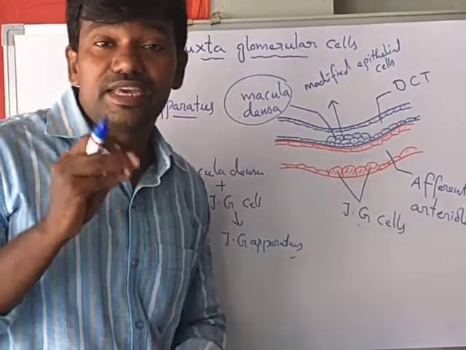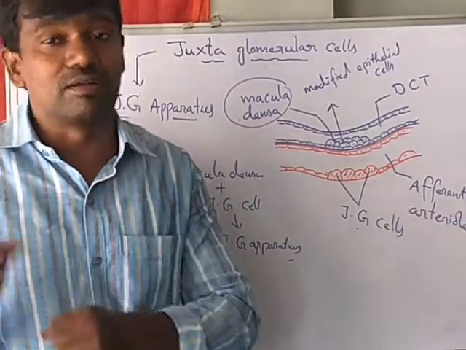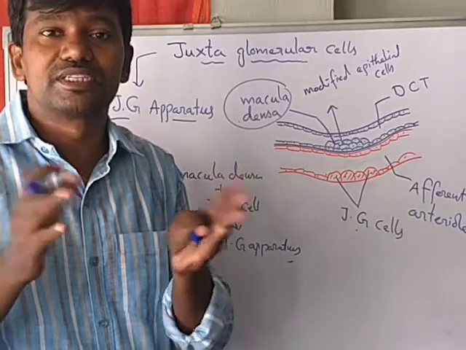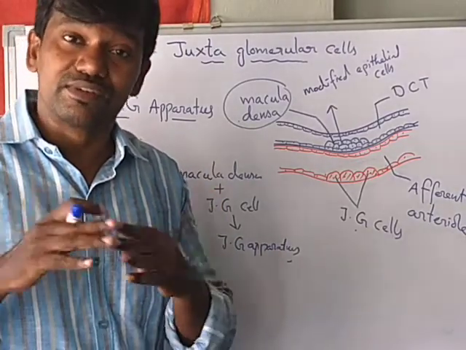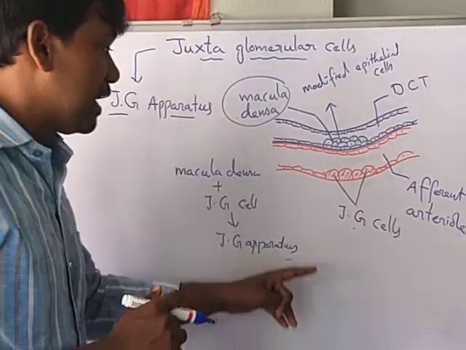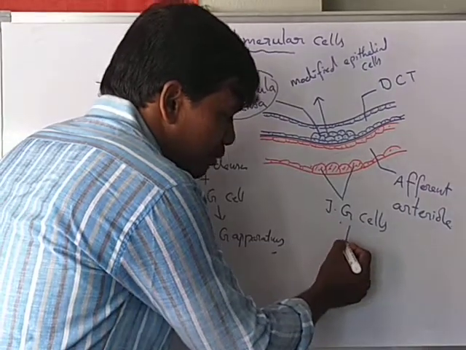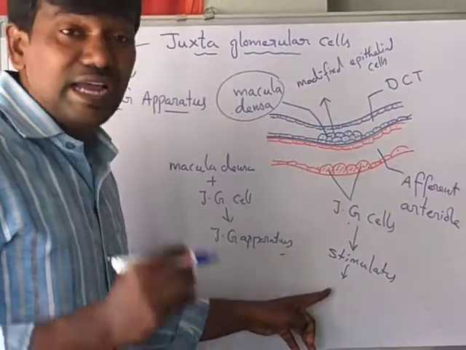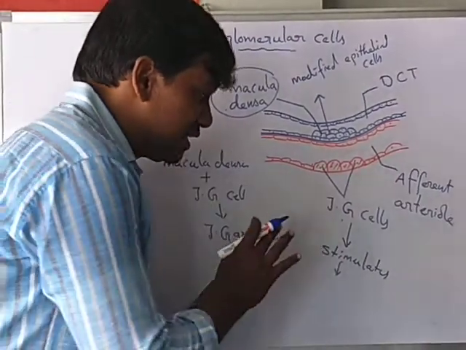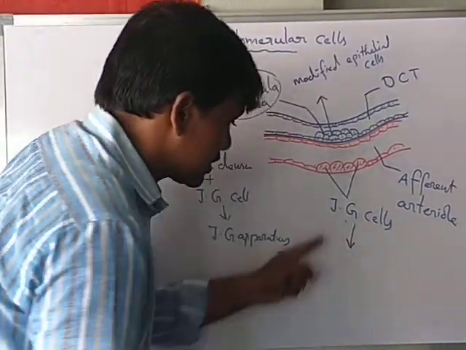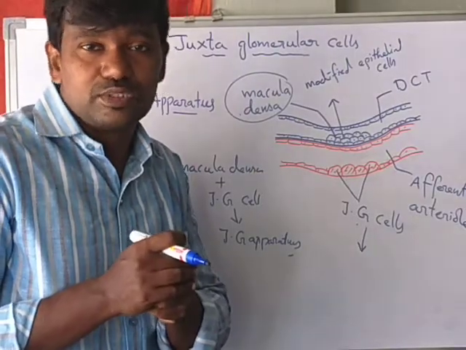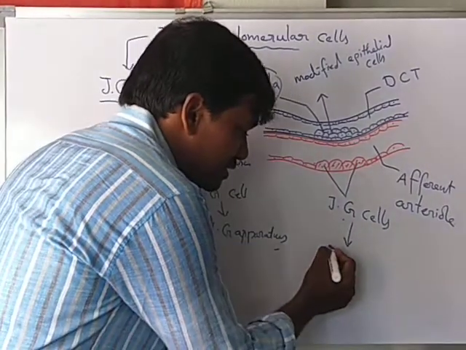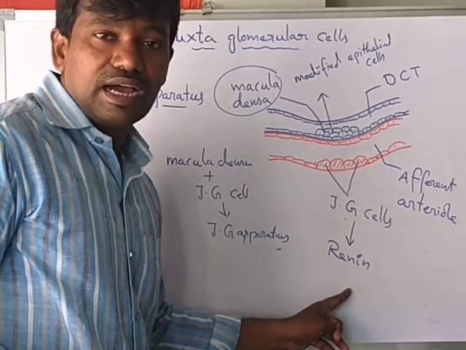When glomerular filtration falls, or blood pressure is reduced, the juxtaglomerular cells are stimulated. When glomerular filtration is reduced and blood pressure decreases, the juxtaglomerular cells release an enzyme called renin. I think you remember renin.